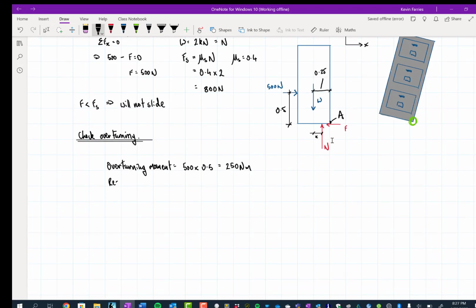Restoring moment is equal to the weight, 2 kilonewtons, so 2000 newtons, times 0.25, the lever arm for that restoring moment, which is going to be 500 newton meters.